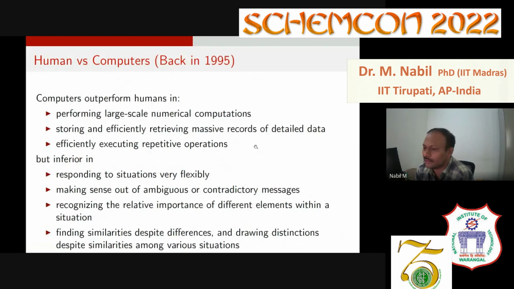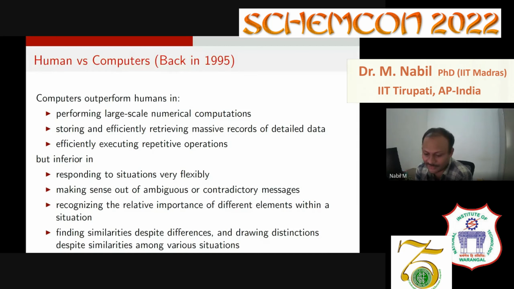Okay. Fine. So if you look at way back in 1995, if you want to perform a large-scale numerical simulation, it is possible. It is also possible to store and retrieve the data, and also repetitive tasks can be automated using computers. But what was not possible was how to respond.